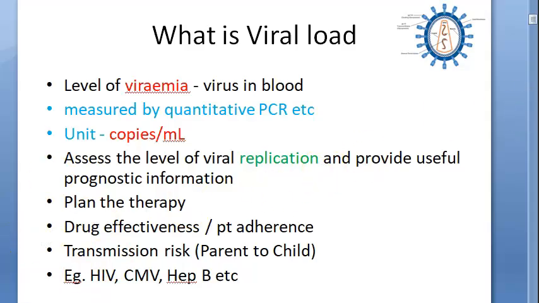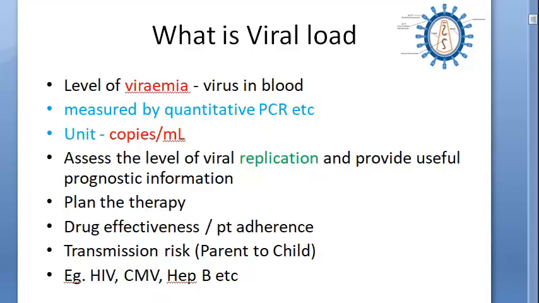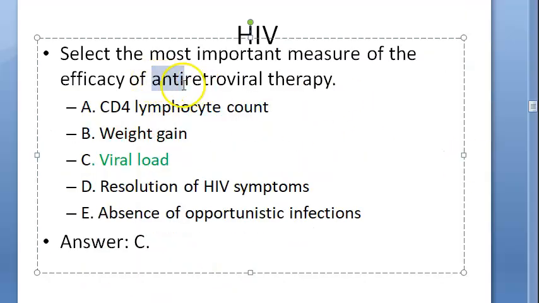Now let us go to HIV. Okay, so now HIV means what will you say? Same thing only you will repeat, but with some more specific data. So HIV, if somebody has it, what will you give them? Antiretroviral therapy, ART. So the most important measure of the efficacy of antiretroviral therapy is viral load. It is not CD4 count. This is what you have to understand.